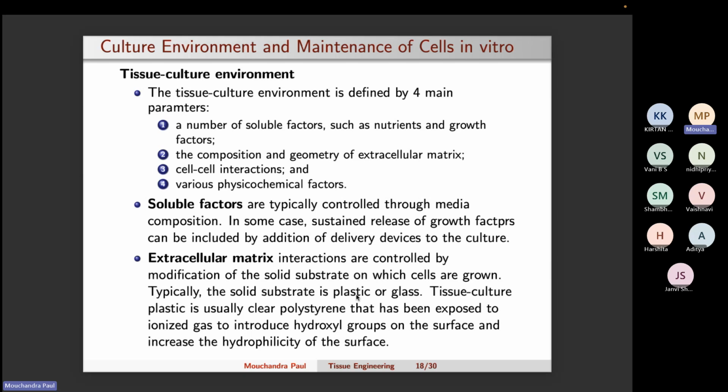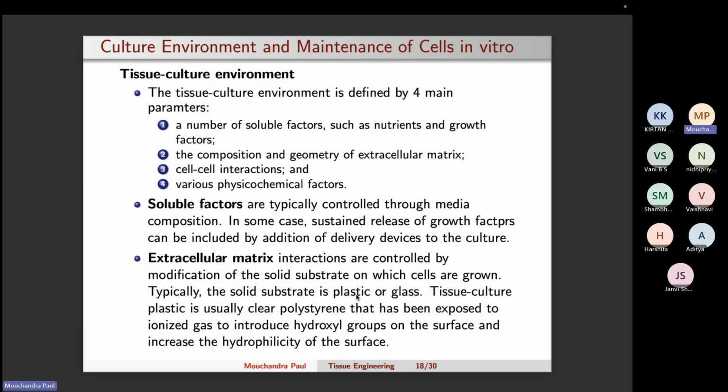People in general use either glass or plastic substrates. It is safer to use plastic. These plastic substrates are coated with a polymer called polystyrene, and this layer of polystyrene is then modified. How?